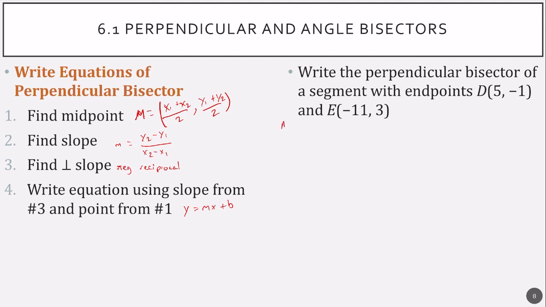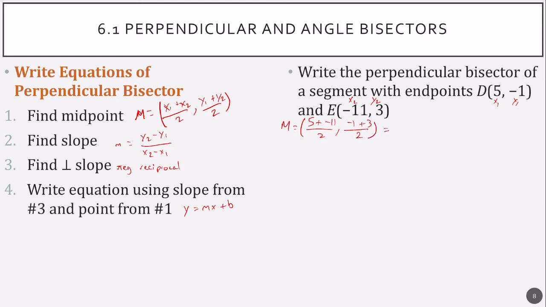So start by finding the midpoint. I'll call this x1, y1. The other point I'll call x2, y2. So x1 is 5, x2 is negative 11. y1 is negative 1, y2 is 3.